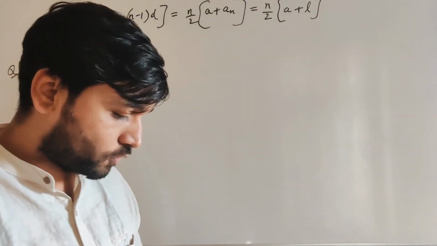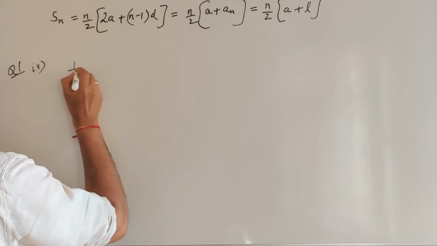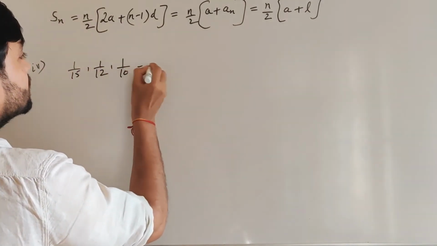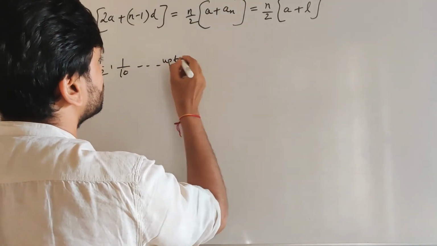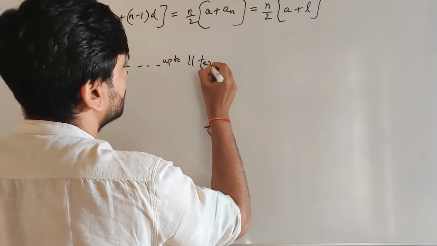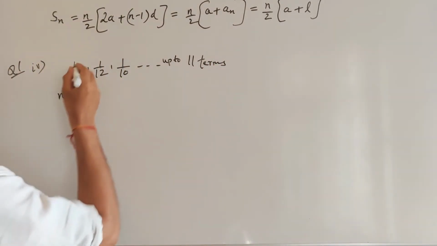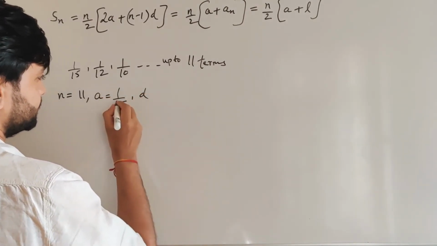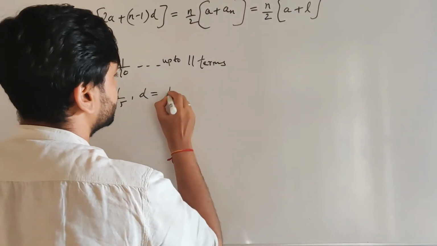The next part, fourth part. The AP given is 1 by 15, 1 by 12, 1 by 10, up to 11 terms. When they say up to 11 terms, n becomes 11. The first term a is 1 by 15. The common difference is 1 by 12 minus 1 by 15.